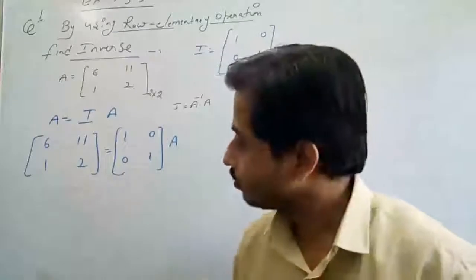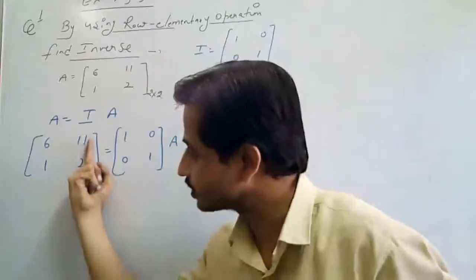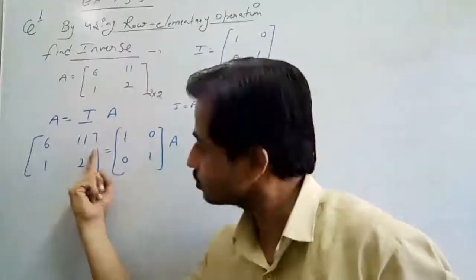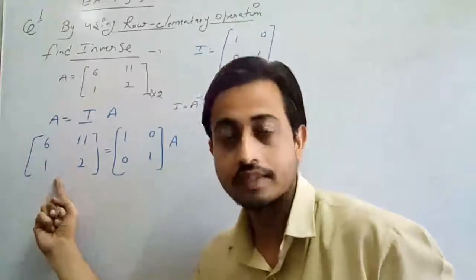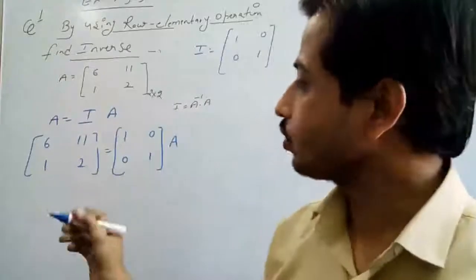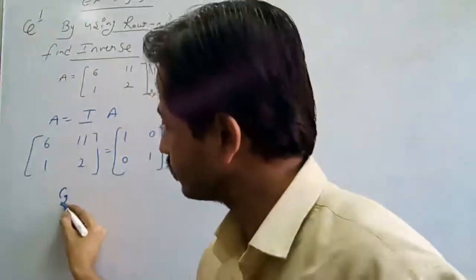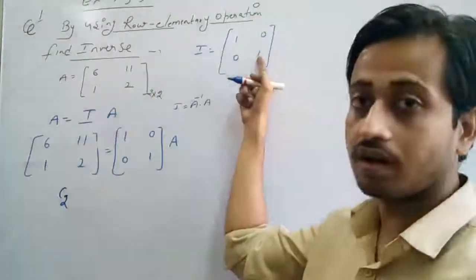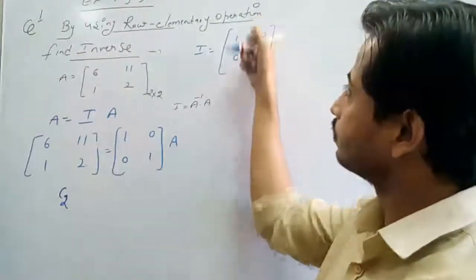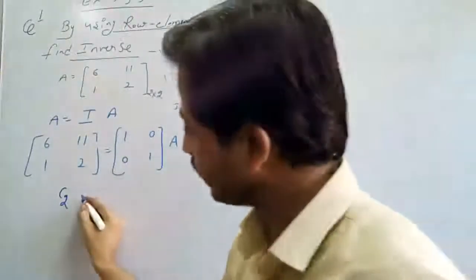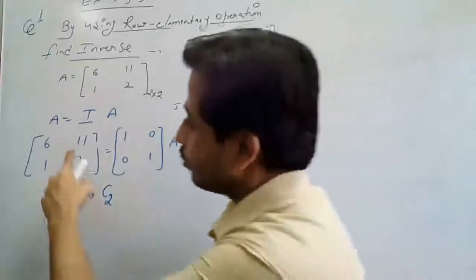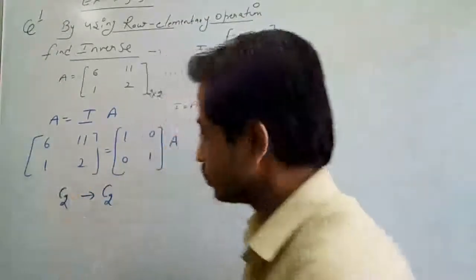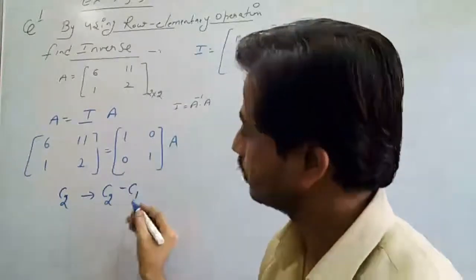What we have to do is subtract this; this is your second column. We have to subtract this one, which is your first column. We are going to apply the operation on the second column, because we are going to make it 1. So we apply the operation on C2: C2 minus C1.